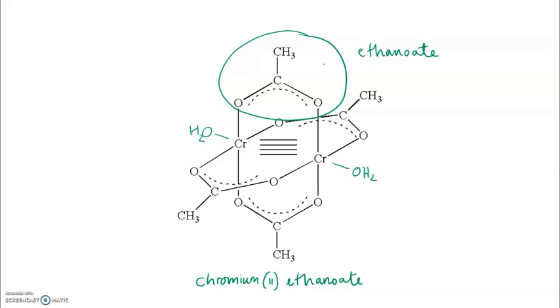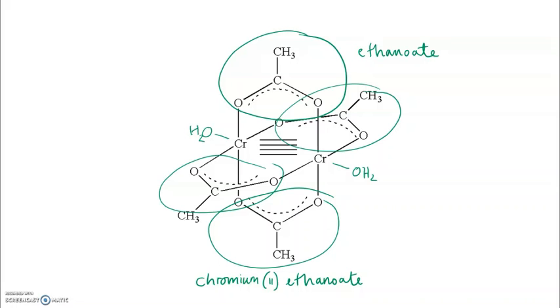Okay, so this is a particularly interesting complex because it involves two chromium ions rather than just one, and they're held in a complex together by being bridged by these 4 ethanoate ions that are coming in at 90 degrees to each other. Another interesting thing about this complex is it actually has a quadruple covalent bond between the 2 chromiums. This was one of the first quadruple bonds that was ever discovered, but again, this is chemistry that we don't particularly look into at the A level.